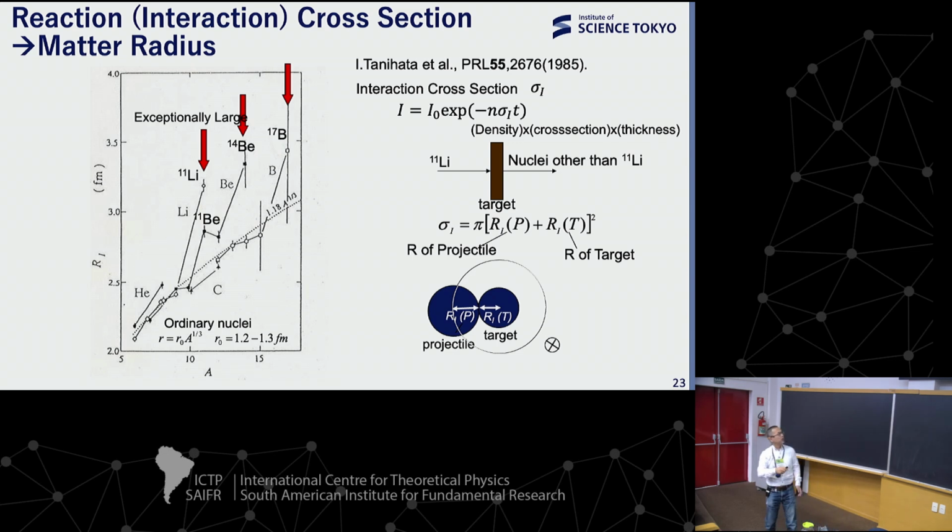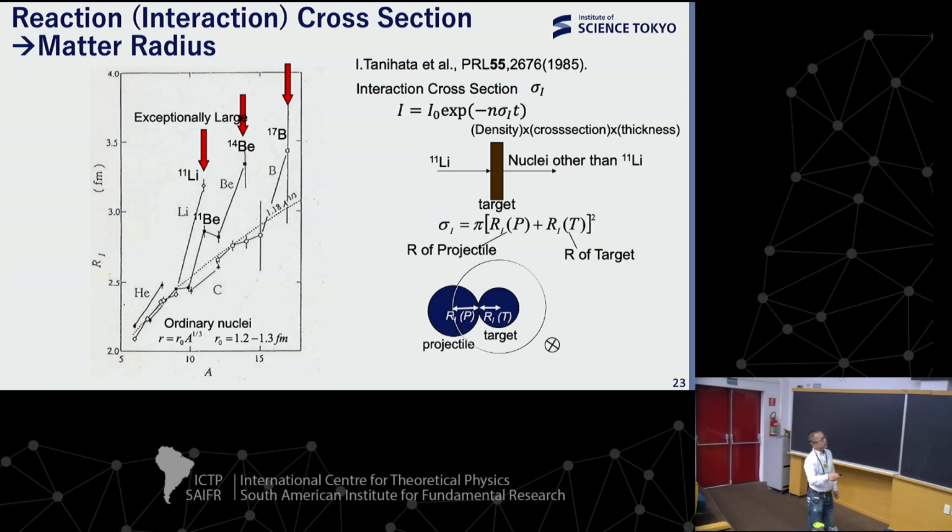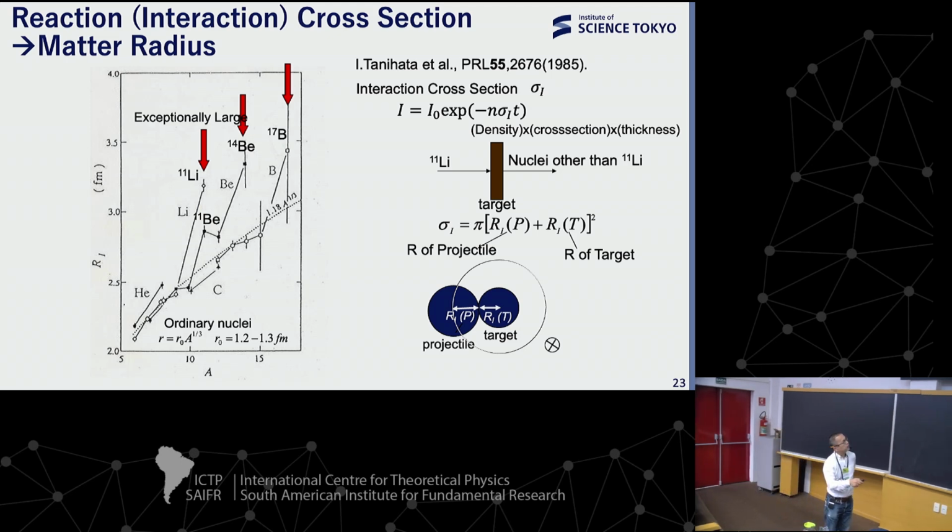Very simple. So that cross-section is expressed by this very simple formula, pi times the sum of the radii squared. And from that, they could extract R_I for helium isotopes, beryllium isotopes, lithium isotopes, and boron isotopes like this. Okay.